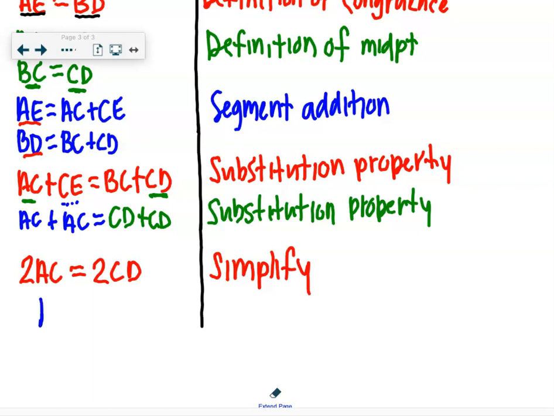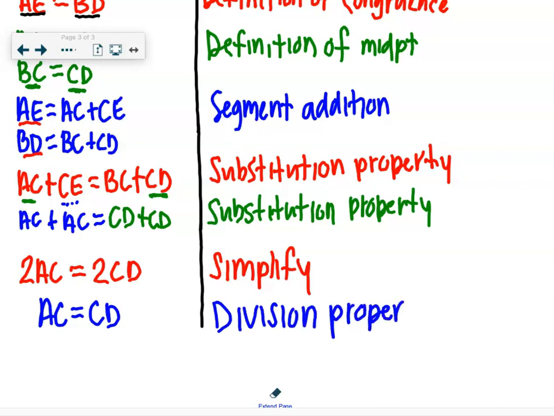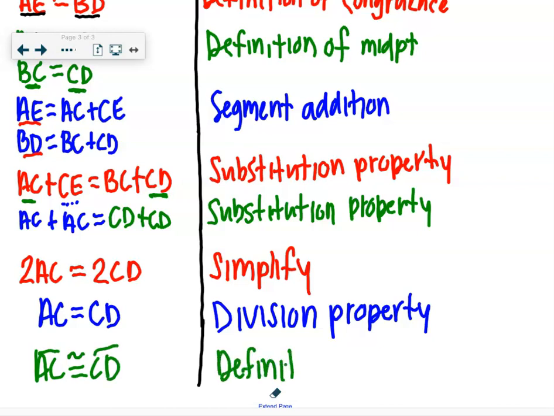Well, I would divide. If I divide one side, I have to divide the other. So the division property. And lastly, I want to say that those segments are equal. So by definition of congruence, we could say that AC is congruent to CD. Definition of congruence.